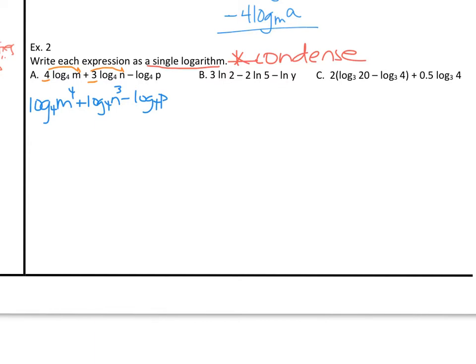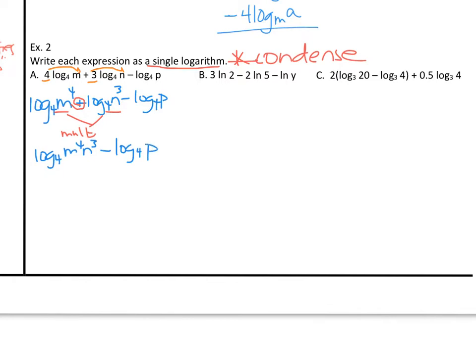Now we'll take a look at the addition and subtraction. Anytime you have addition, what you want to do is condense the terms using multiplication. So we're going to multiply those together, and that will condense the two logarithms down to 1. It'll look something like this. Log base 4 of m to the fourth n cubed, just side by side like that. And then we have subtraction, log base 4 of p.